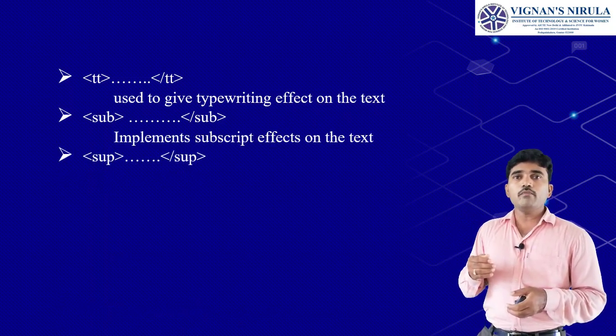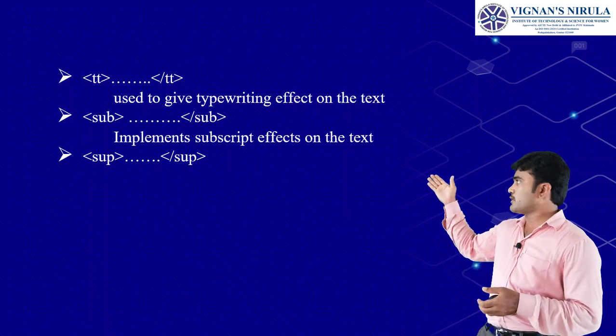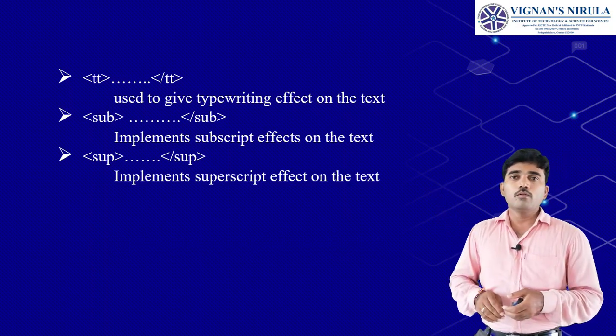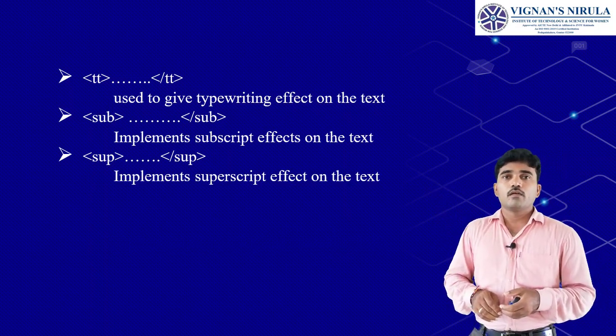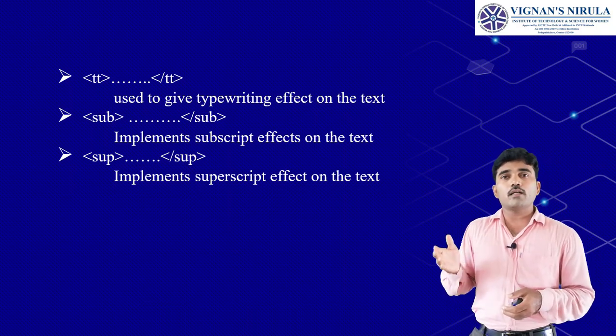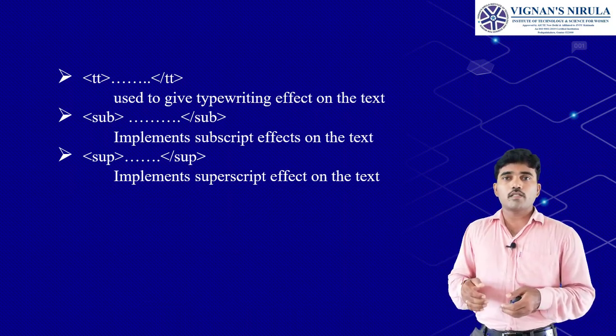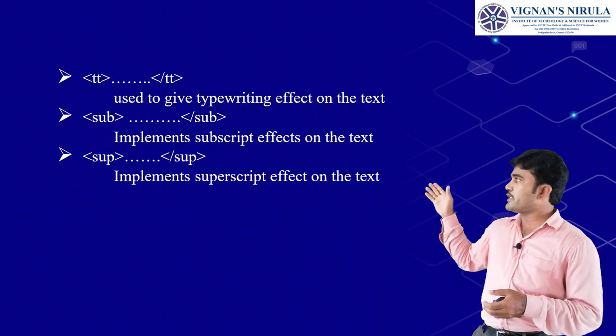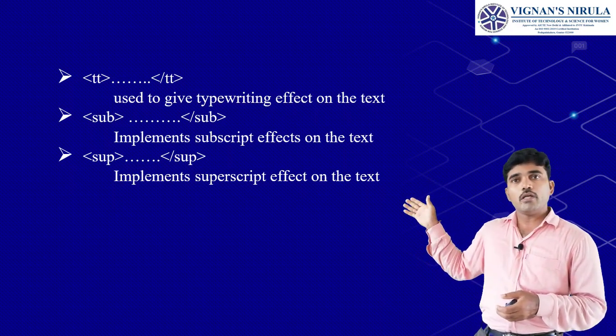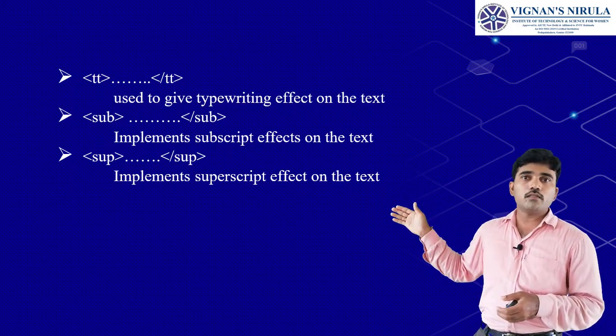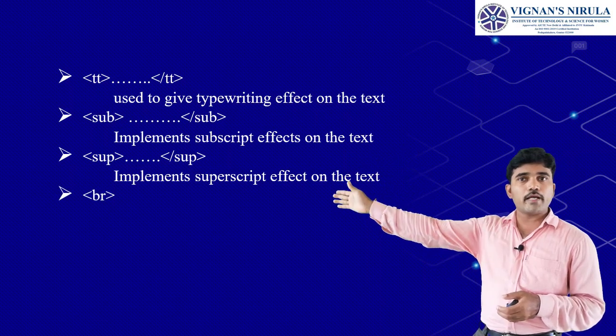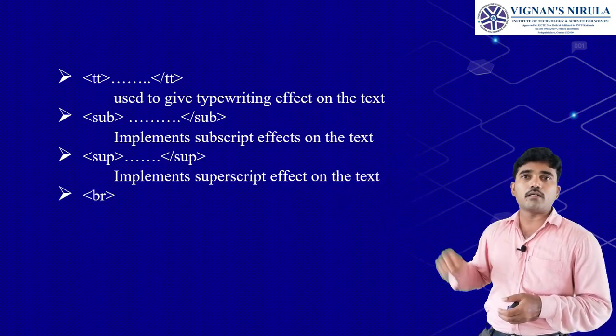At that time you have to use SUP, which stands for superscript. It implements the superscript effect on the text. Understand? For all these three tags, TT, SUB and SUP, each has its opening tag and its closing tag.